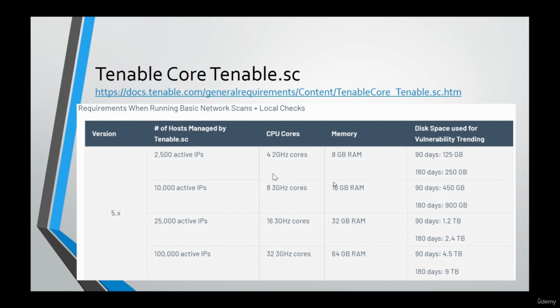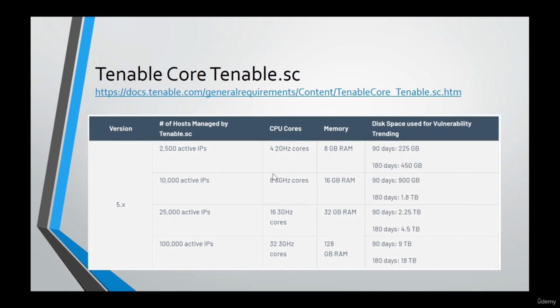I prefer to use this requirement in your production servers to have good performance for the server: 8 cores, 16 gig of RAM, and half a terabyte for the storage. So this is all about the Tenable Security Center.